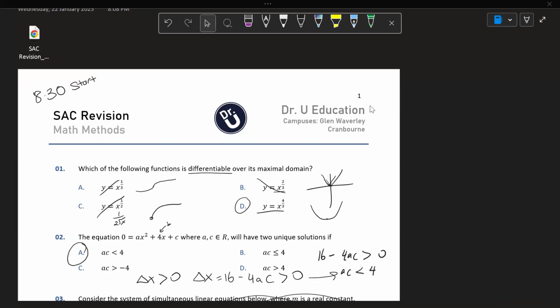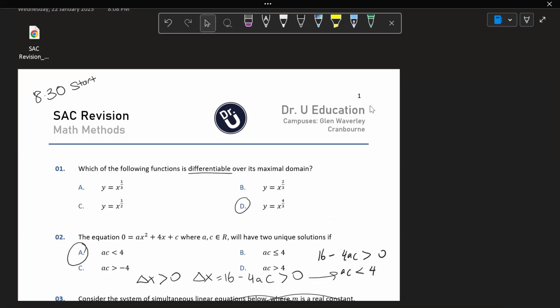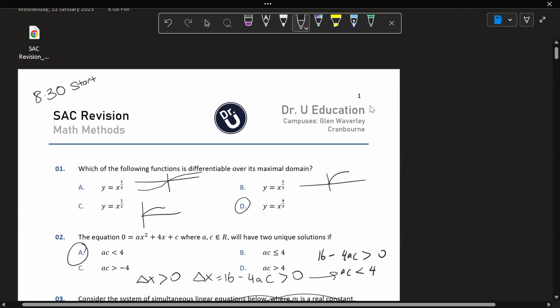Like, if you graph all of them, C looks like this. X to the power 1 over 3 looks like that. X to the power 2 over 3 looks like that. And X to the power 4 over 3 is the only one that sort of has a parabola shape.